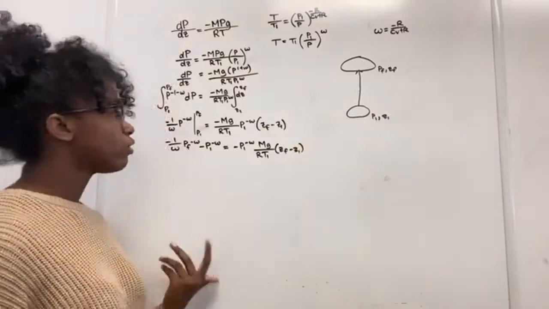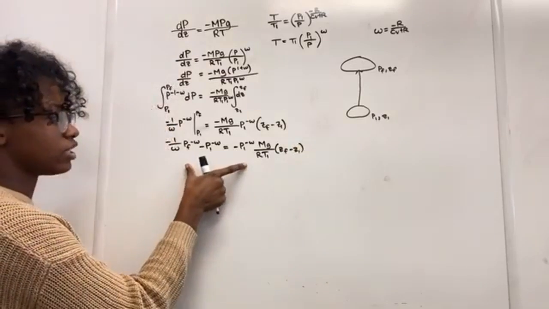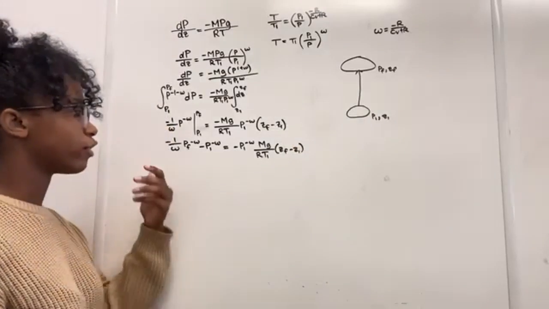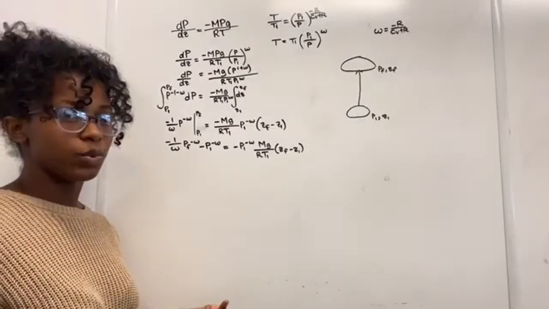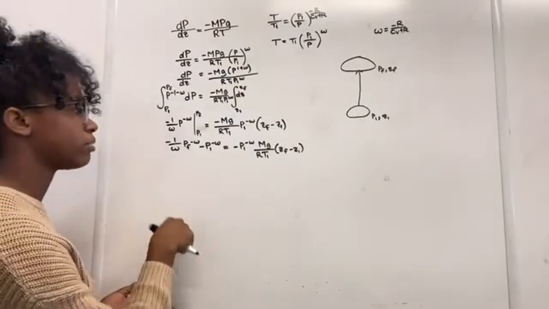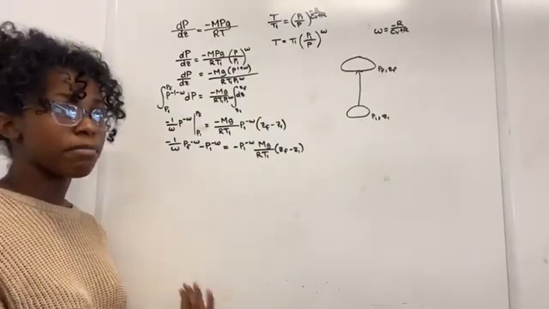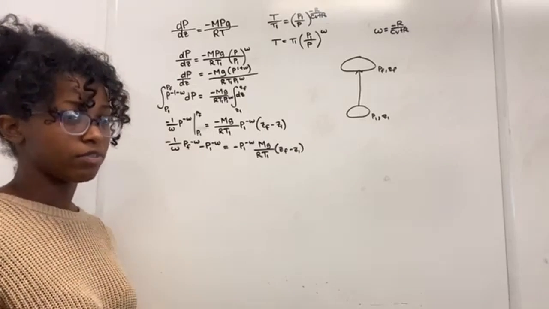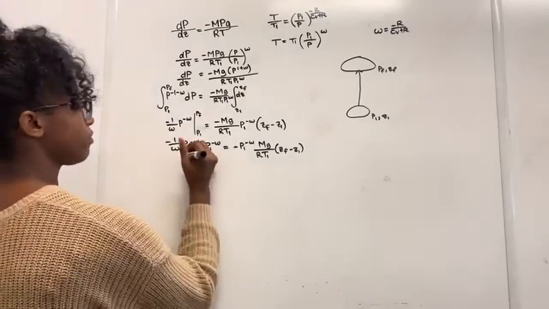So from here, you'll notice both sides of our equation are negative, and we have a fraction on the left, and we can easily get rid of that by multiplying both sides of the equation by negative omega so that both sides of the equation become positive.